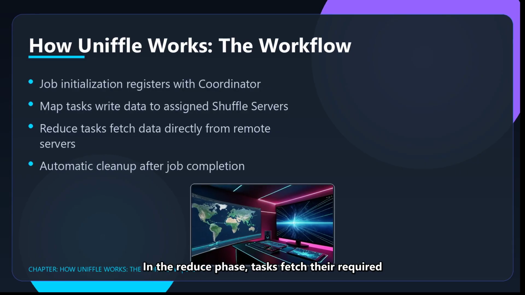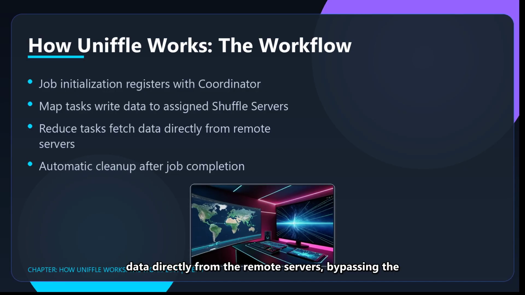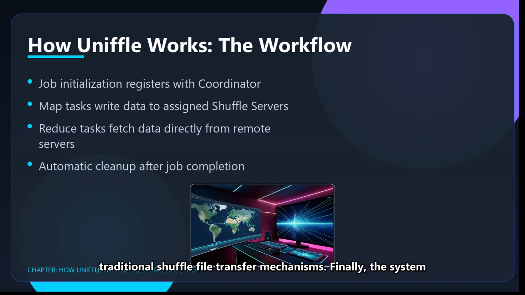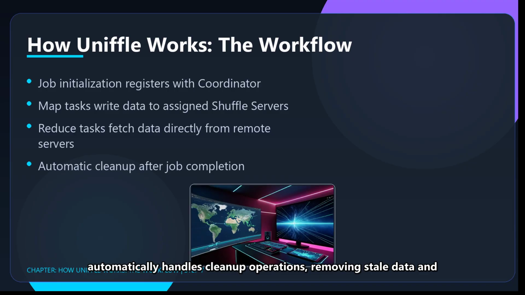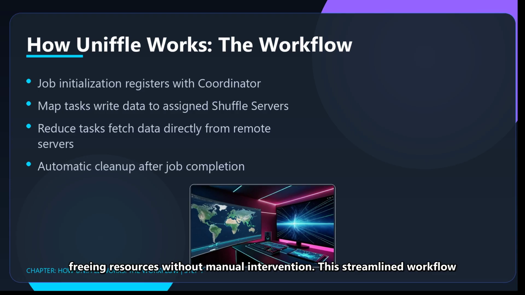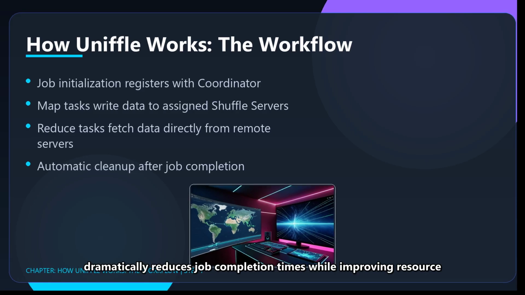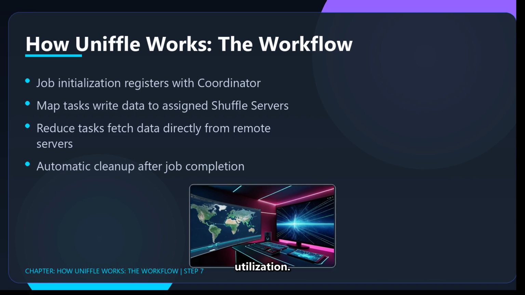In the reduce phase, tasks fetch their required data directly from the remote servers, bypassing the traditional shuffle file transfer mechanisms. Finally, the system automatically handles cleanup operations, removing stale data and freeing resources without manual intervention. This streamlined workflow dramatically reduces job completion times while improving resource utilization.